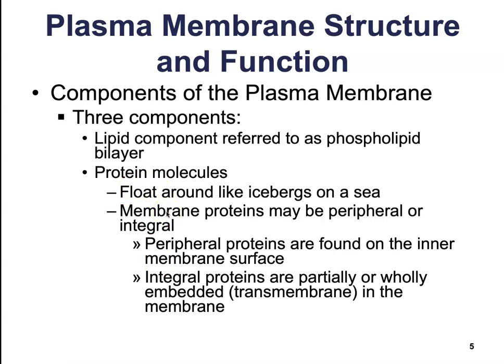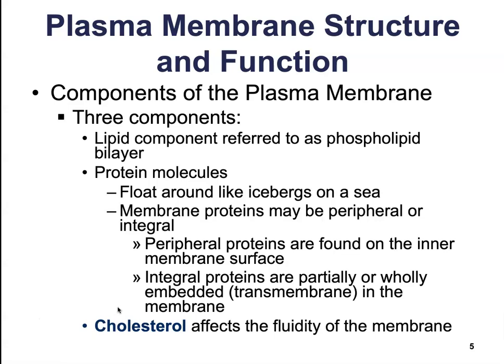They can be either peripheral or integral, the two main categories of membrane proteins. We will then talk about specific types, but peripheral proteins are found on the inner membrane surface, and integral proteins are partially or wholly embedded in the membrane.